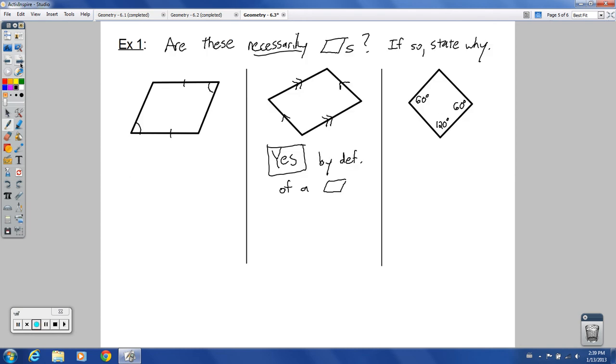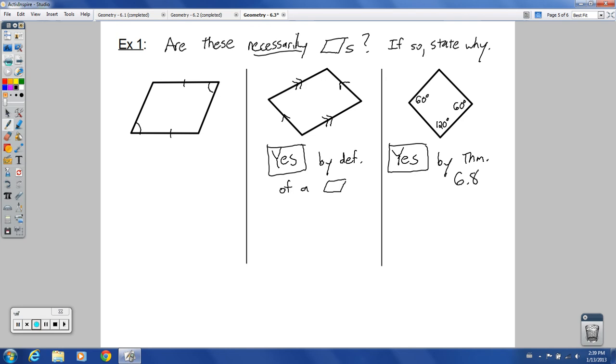That's exactly what's going on right here. 120 supplementary with 60 and 60 here and here. So this one you would also say yes. You could say that's true by Theorem 6.8. So you could refer back to that. You could write out the reason that the angle is supplementary to both its consecutive angles. You could write it out as well.